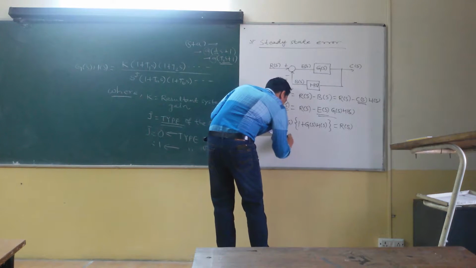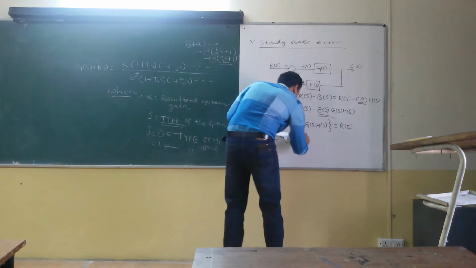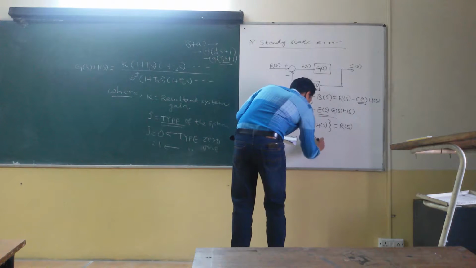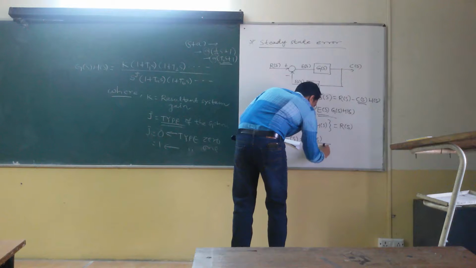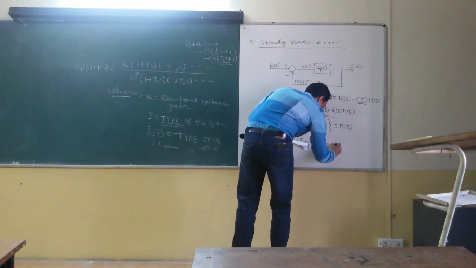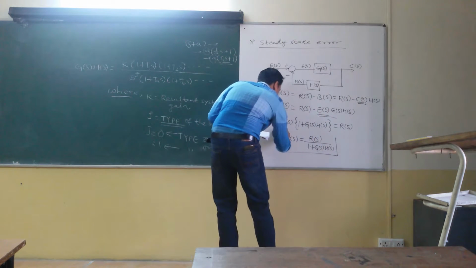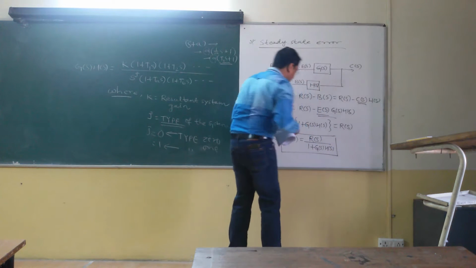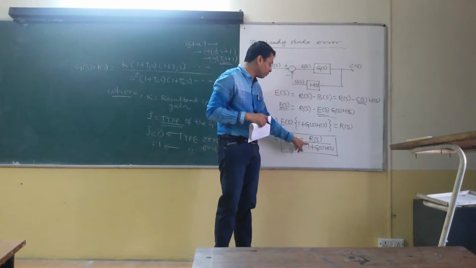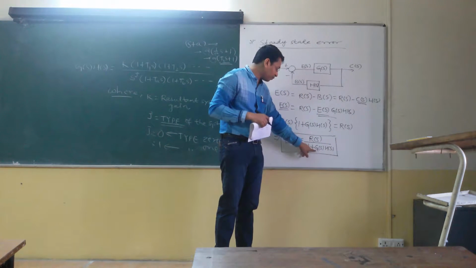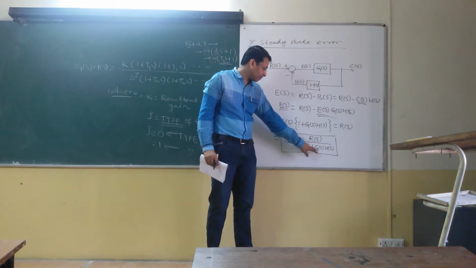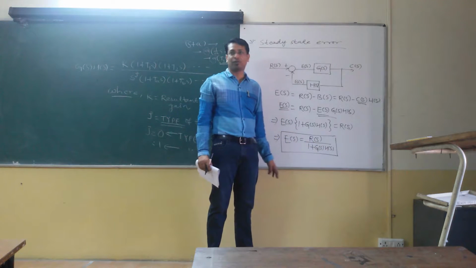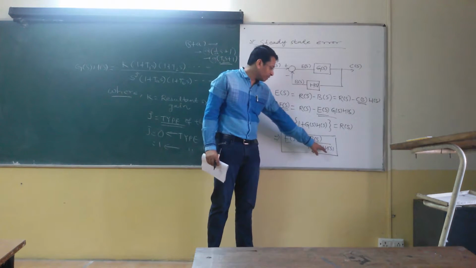So E(s) will be equal to R(s) divided by 1 plus G(s)H(s). This is your error transform in terms of input and open loop transfer function. These are the system parameters G(s), H(s), because for a given system these will remain constant.